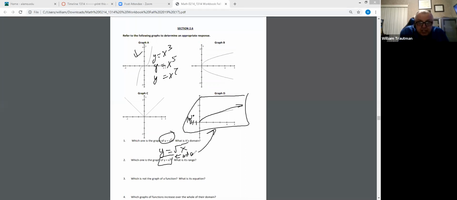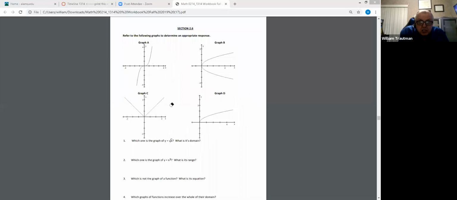So let's look at the domain and range of these, because now they're asking for domain and range. So if we look at the domain of this graph, what can x equal? The domain is the farthest left and the farthest right.